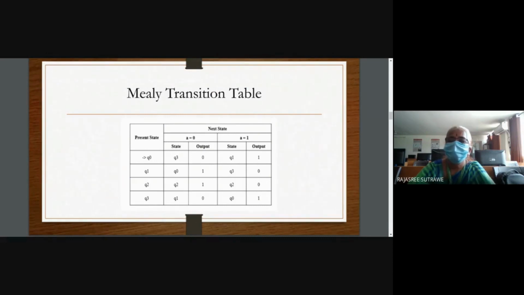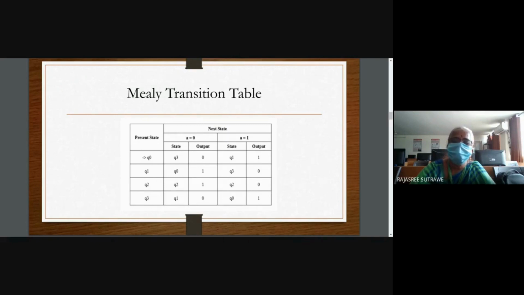So here we start from the initial state Q0. If we give 0, Q3 is the next state. 0 is the input, and the output for this is 0. Output we are writing. So this is how we follow.